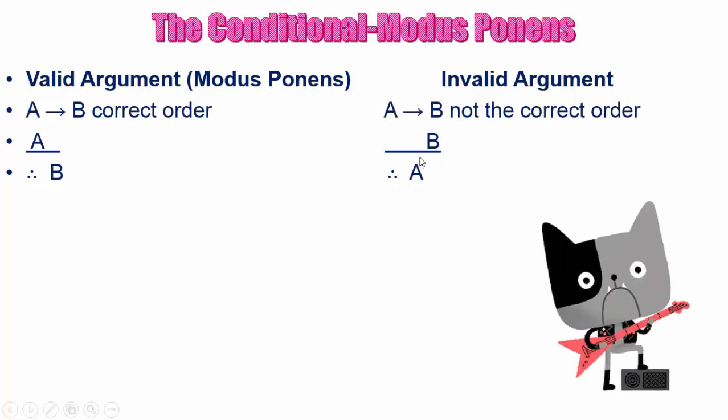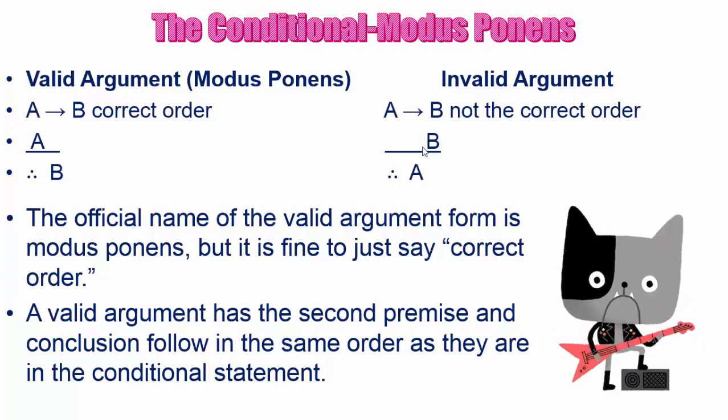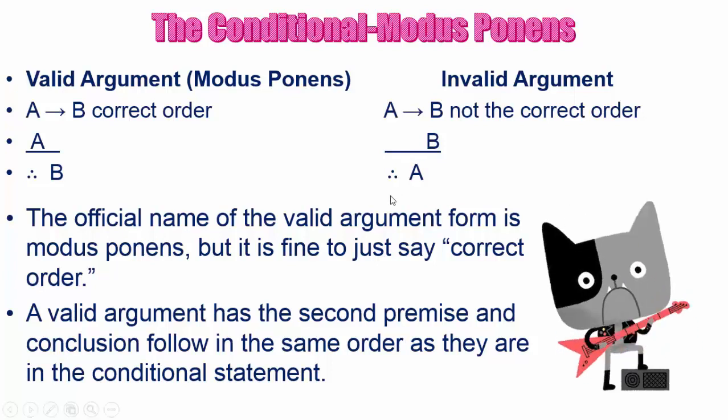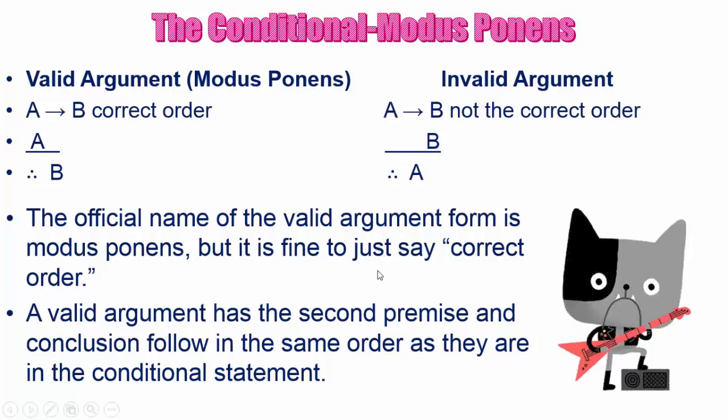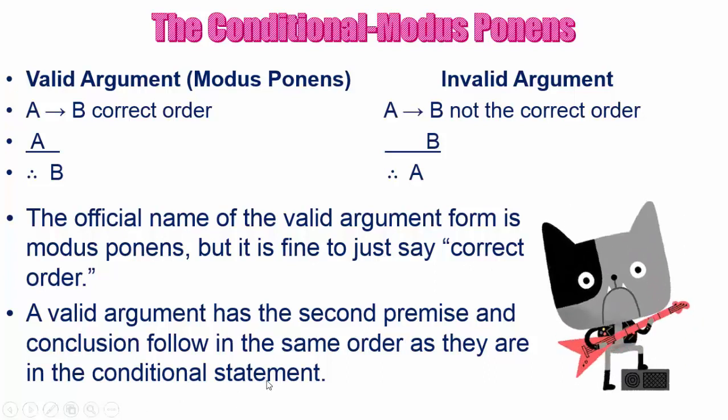So as mentioned, the official name for a valid argument is Modus Ponens, and that just says the correct order. A valid argument has the second premise and conclusion that follow the same order as they are in the conditional statement.